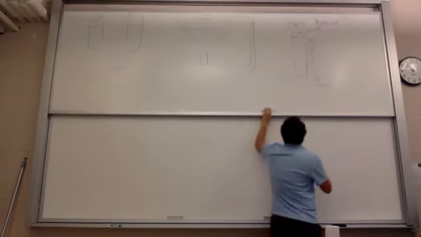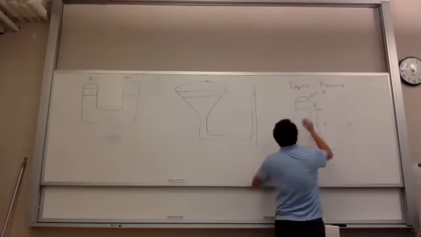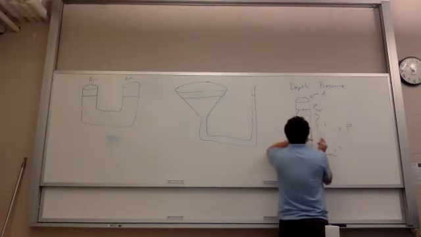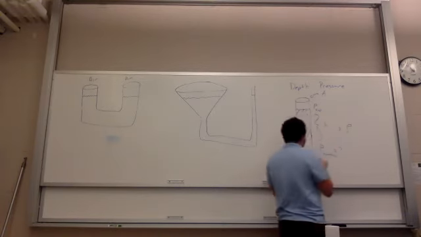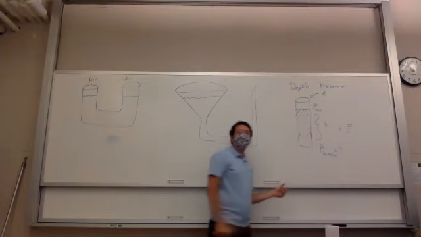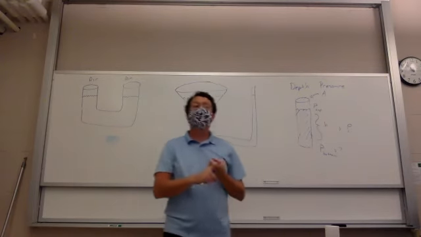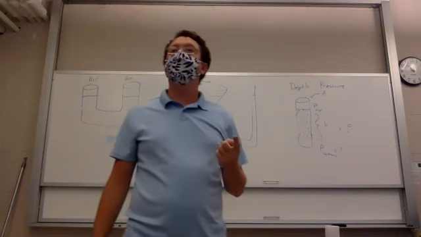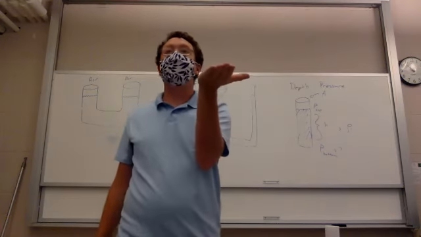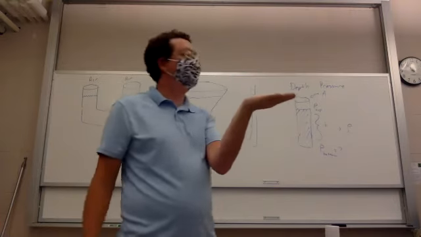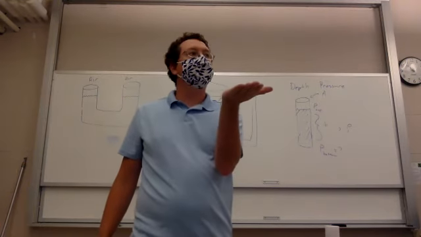So what are the forces acting on that column of water? I'll go ahead and shade it in. We're talking about this body of water from your hand up to the top there. What are the forces acting on this water? Gravity. Anything else? My hand. Anything else? What's at the top? Some pressure.